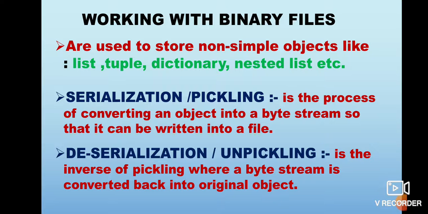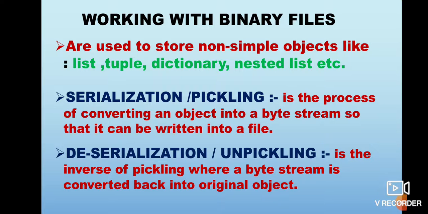Clear? And this process ensures that the structure or the hierarchy of the object that it is serializing is maintained while writing into the file. Clear? Now what is deserialization or unpickling? Unpickling is the process of converting a byte stream into its original object.